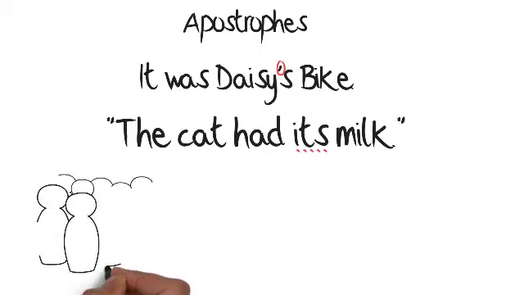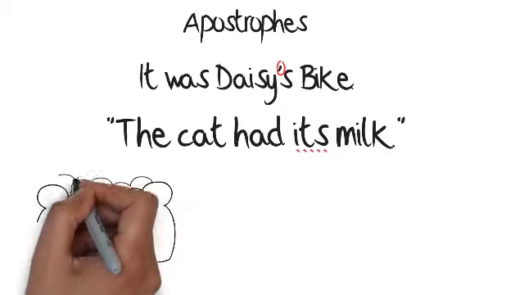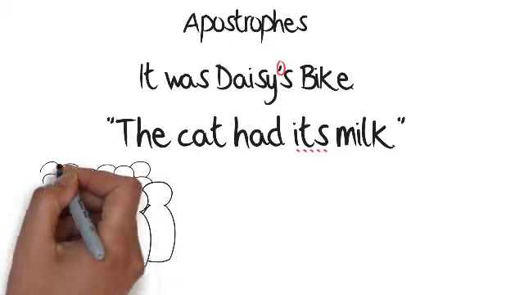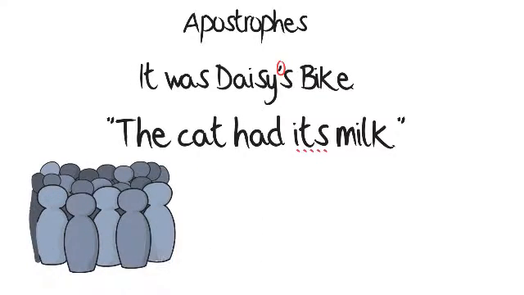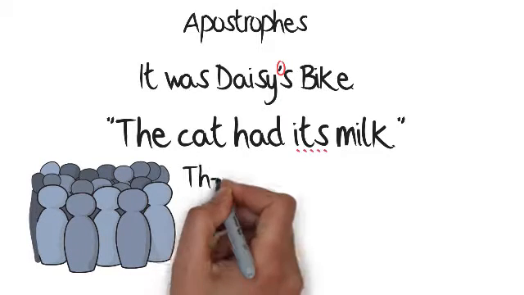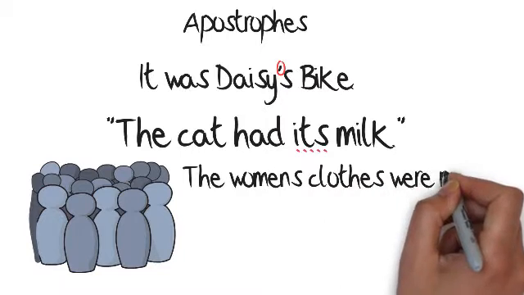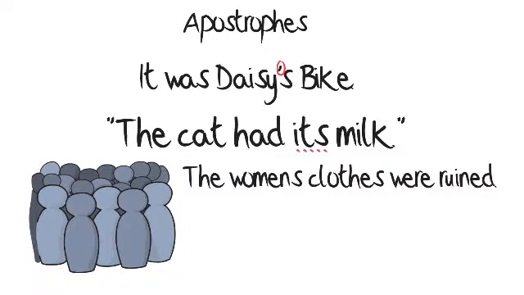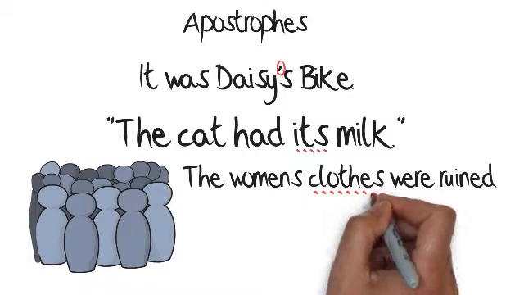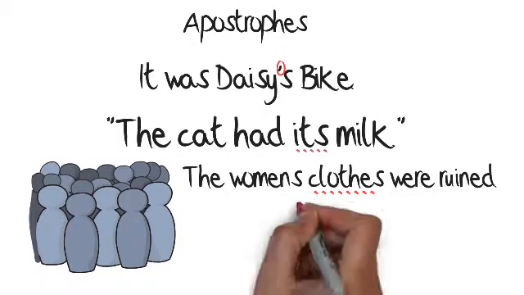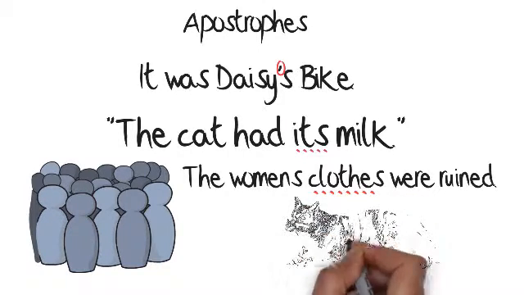Plural words that don't end in s follow the normal rule of add an apostrophe and then an s. Like in this example, the women's clothes were ruined. If the word already ends in s, though, you just have to stick an apostrophe on the end, but not an extra s. An example is, we found the foxes' hole.